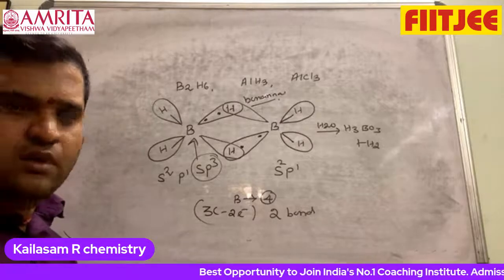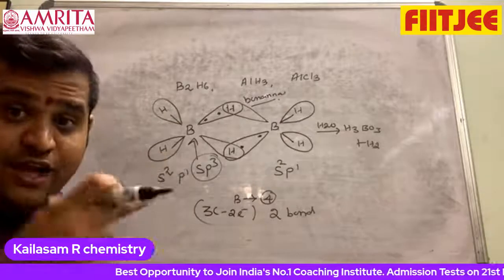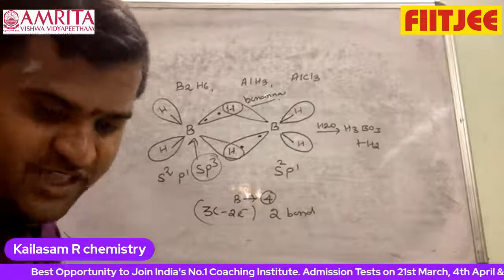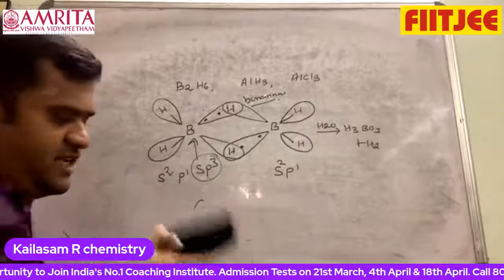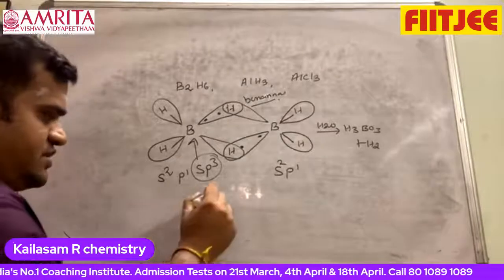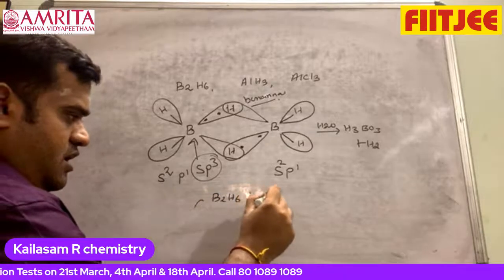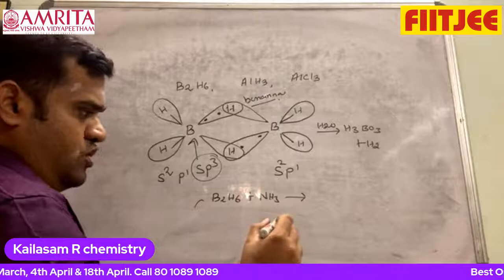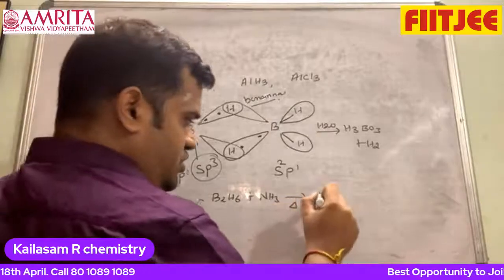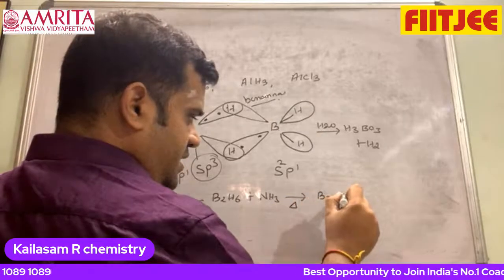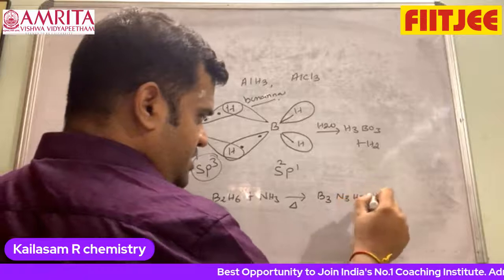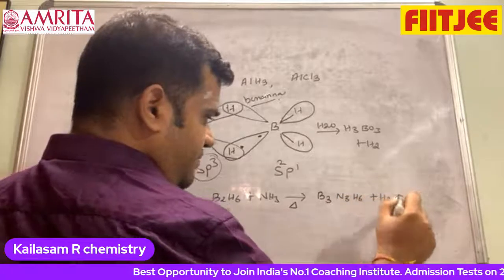Now B2H6 with ammonia in the ratio of 1:2, on heating, produces B3N3H6 plus H2 gas liberated.